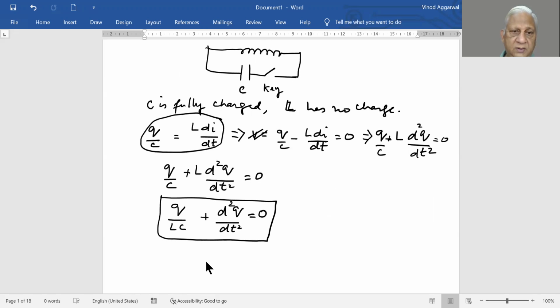Now, if we compare an equation of a simple harmonic motion, wherein we know that for a body which is undergoing an acceleration because of a force, this is displacement.